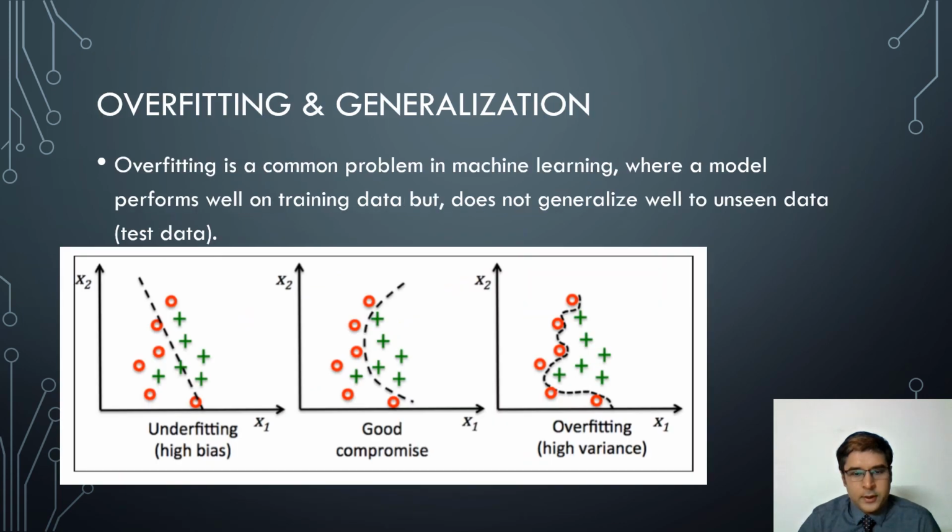Next is overfitting and generalization. Overfitting is a common problem in machine learning where a model performs well on training data but does not generalize well to unseen data or test data.